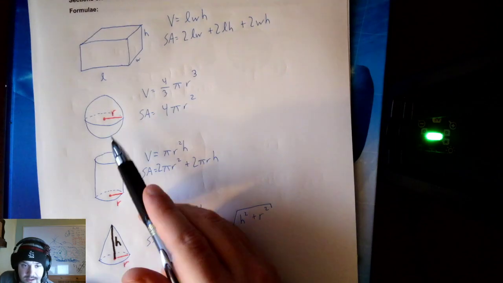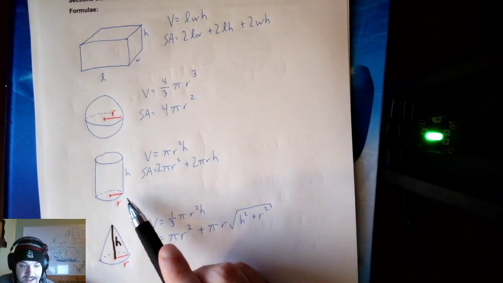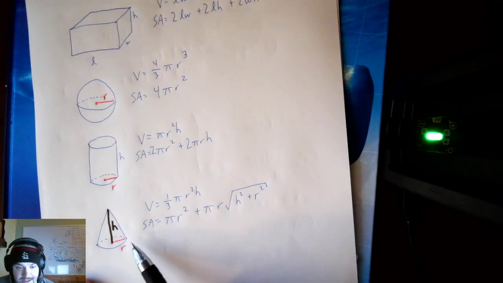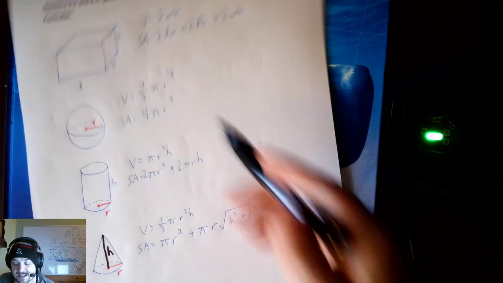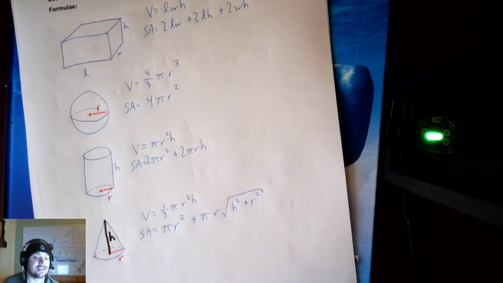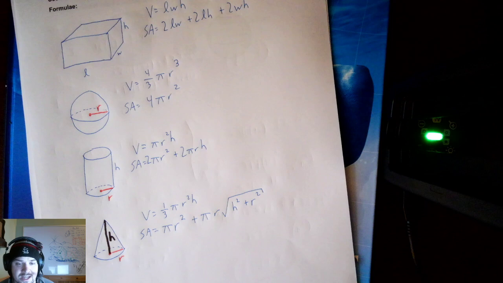Trying to build a sphere, a little bit trickier. Trying to build a cylinder, a little bit trickier. Trying to build a cone, a little bit trickier. It makes sense that the formulas match the difficulty in constructing the objects, right? We can think about the objects themselves to understand the formulas also.